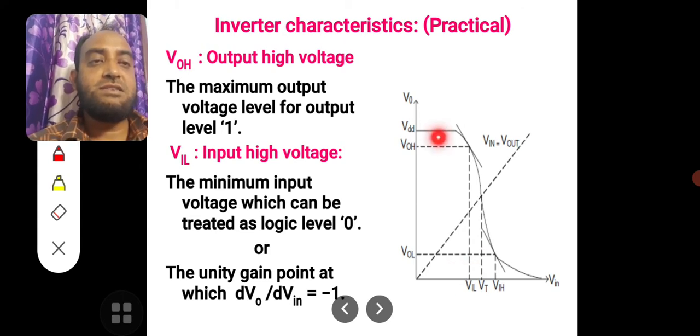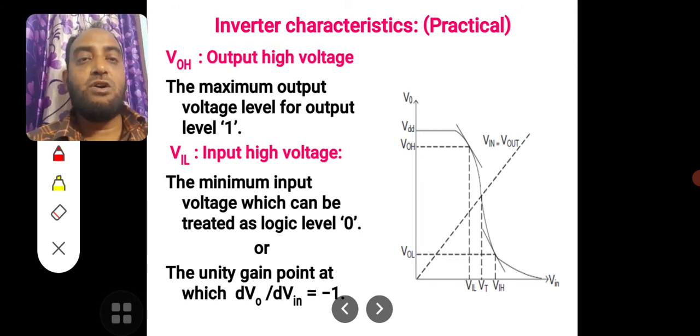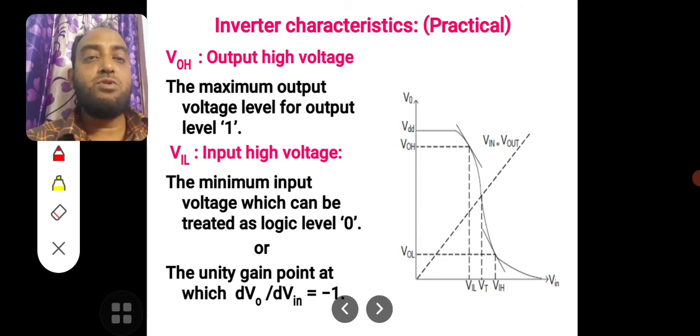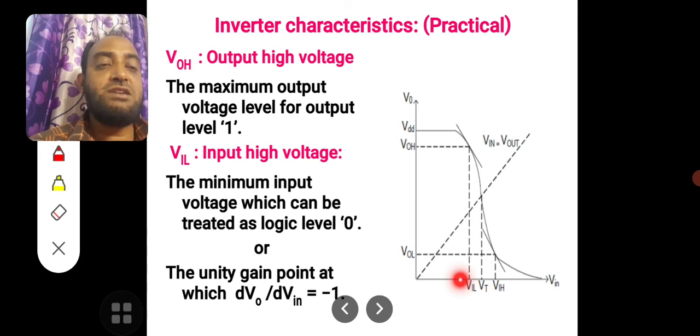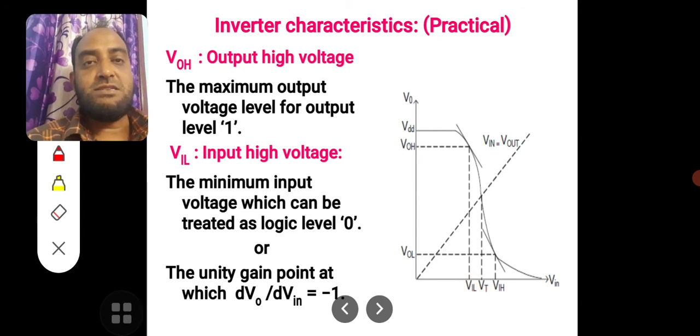But in the practical case, the output slowly drops from high to low. VIL is the maximum input voltage which can be treated as logic 0. So from 0 to VIL we can treat the input as logic 0. Beyond VIL, it is not treated as logic 0.